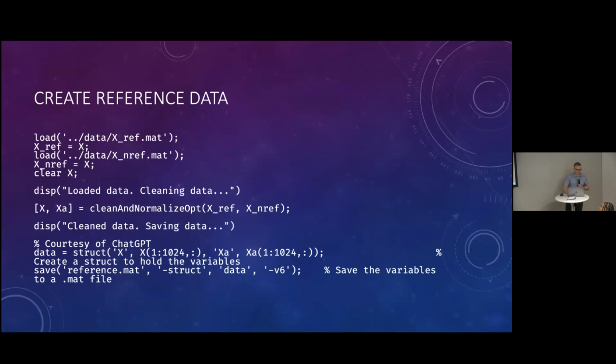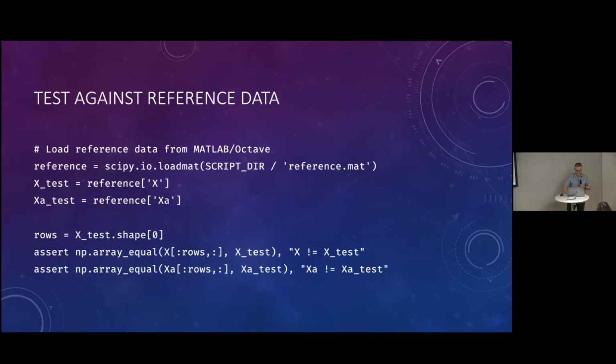And then I was able to put some of those together with Octave instead of MATLAB. I wasn't ready to buy a license for that, just for one demo, and create some reference data from the function I had extracted out of the MATLAB code, capturing its inputs and outputs, and then could save that and bring it over to the Python code, where I then called the same function and compared it against the outputs to the other one.